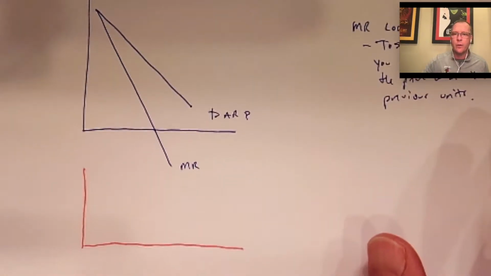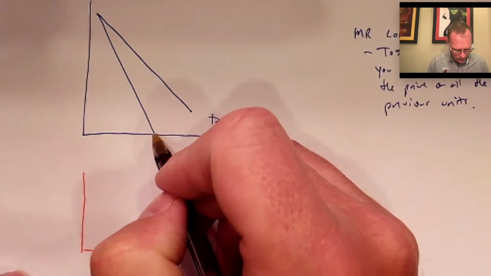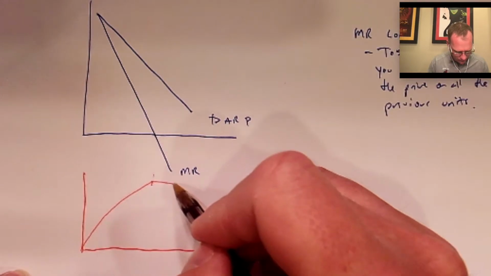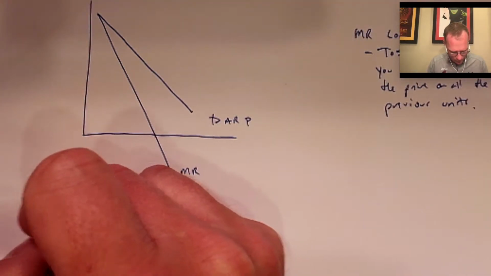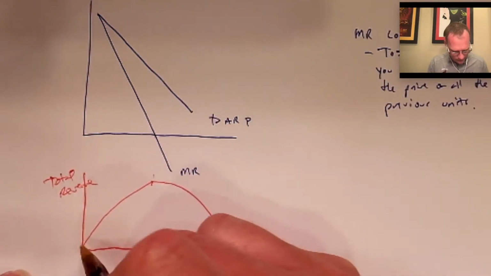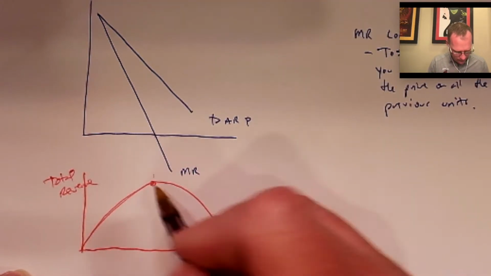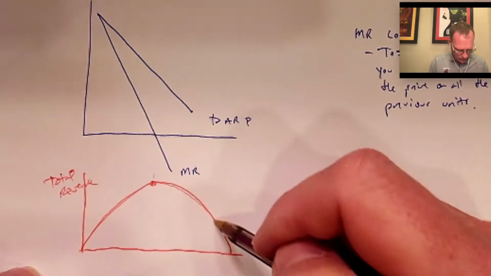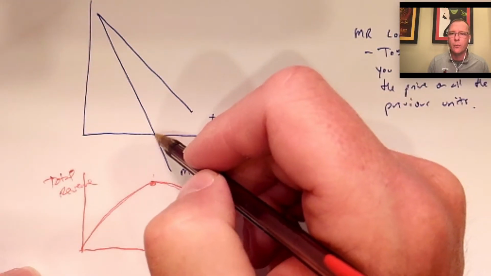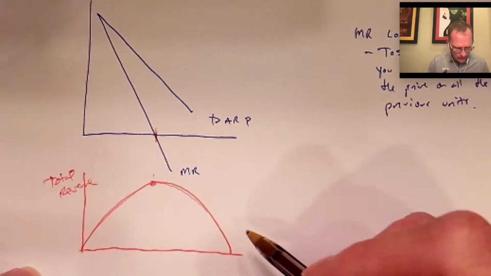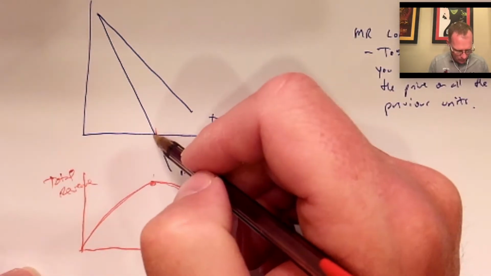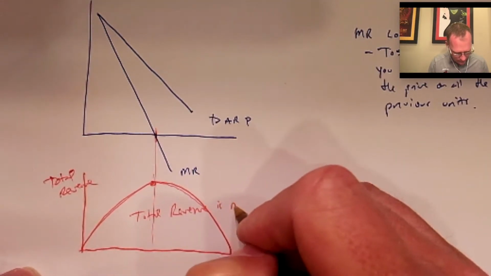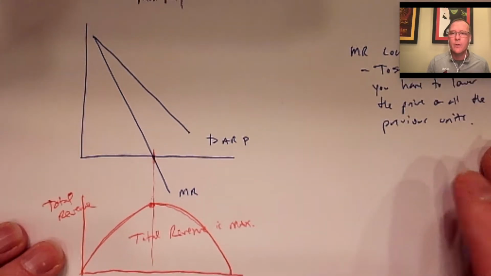My total revenue increases up to where my marginal revenue crosses zero, because if my marginal revenue is positive, my total revenue has to be increasing. As soon as marginal revenue goes negative, all of a sudden my total revenue is going to start to come down. So yes, that is where my marginal revenue crosses zero, and where that happens, my total revenue is maximized. Good thing to note there.